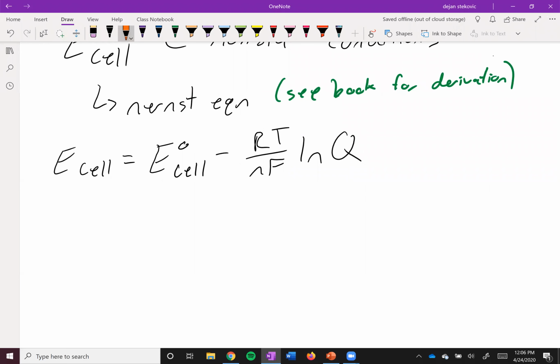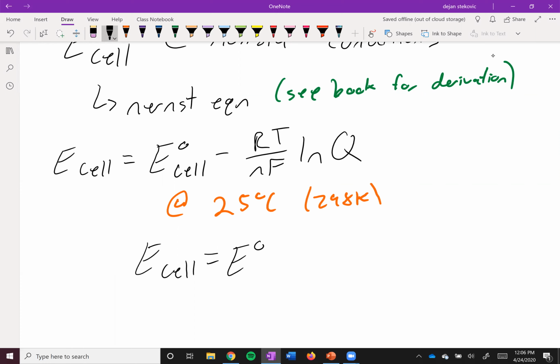And then you can look at another form of this equation, that's at 25 degrees Celsius or 298 Kelvin. So when you do that, you can simplify it further into a different equation. And so it's E cell is equal to the E cell at standard states minus this 0.0592 volts.